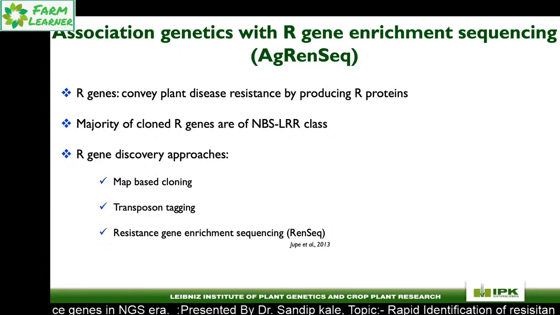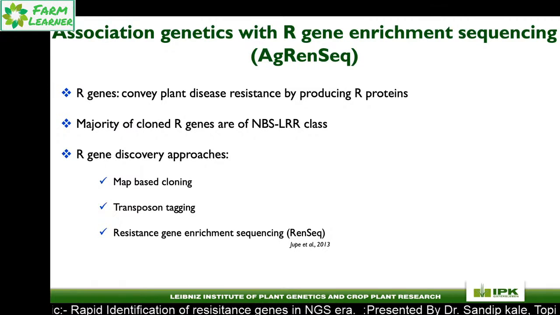So in plants there are different kinds of resistance genes present. They act against the pathogen, and somehow prevent the plant from getting infected. The majority of cloned R genes are of the NBS-LRR class. There are different types of resistance genes present, but the majority of genes belong to the NBS-LRR class.